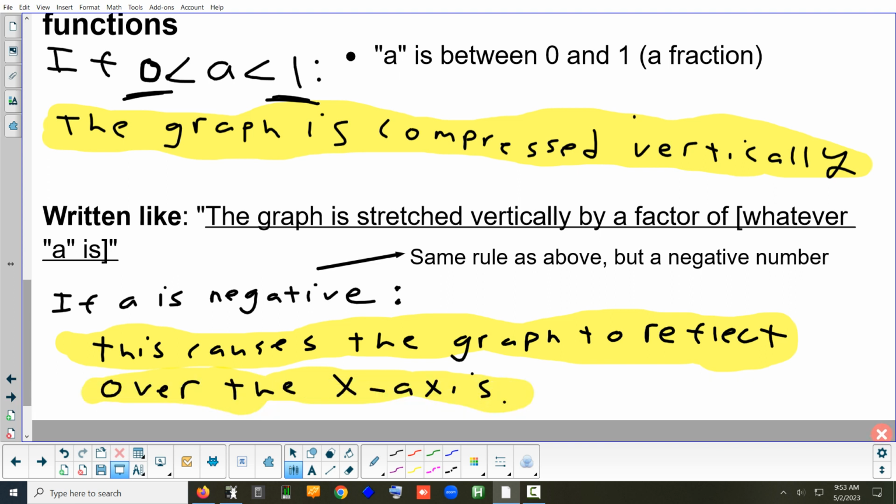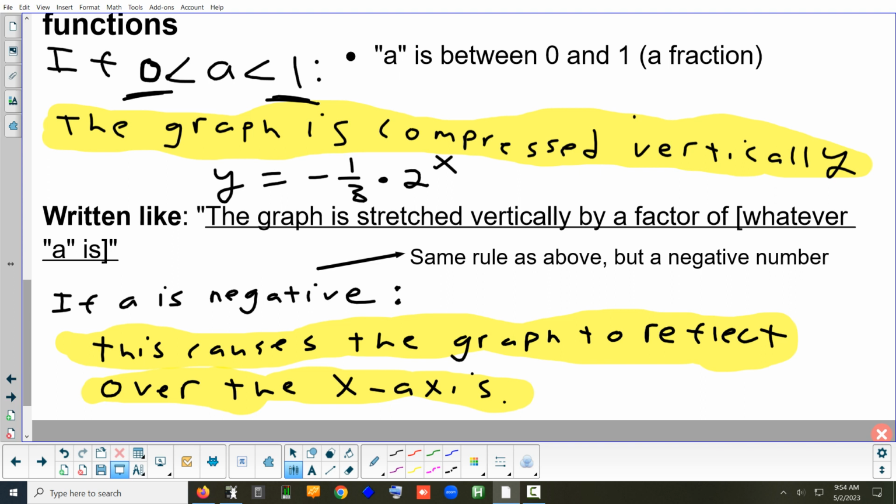Now, let's say that not only you had a number that was between 0 and 1, but then you made the number negative. What's the same rule as yesterday? If you had something like this, first of all, you would say a vertical stretch by 1/3. And remember what that really means. If you're stretching it by 1/3, you're really shrinking it.